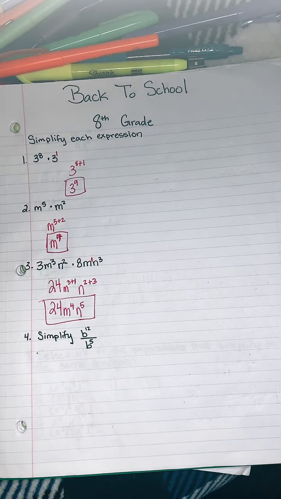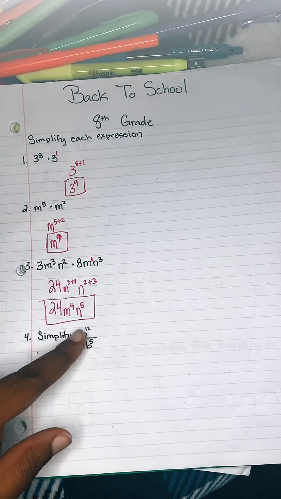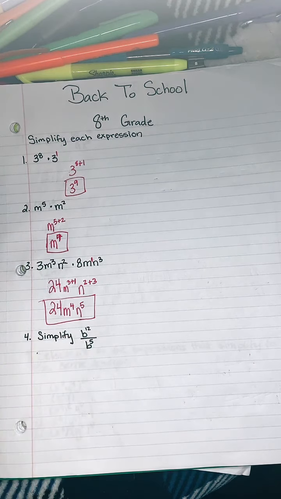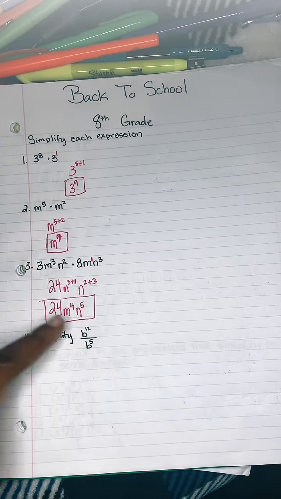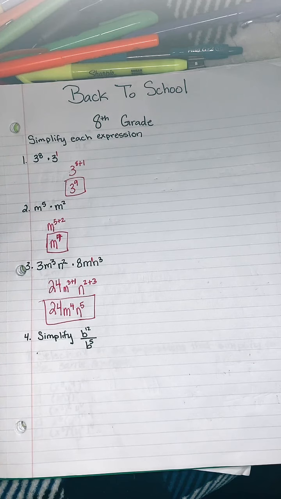Does anybody know the rule for dividing? I see some beautiful answers in there. Does anybody know the rule? How do we get our answer? Silly said subtract. I love it.